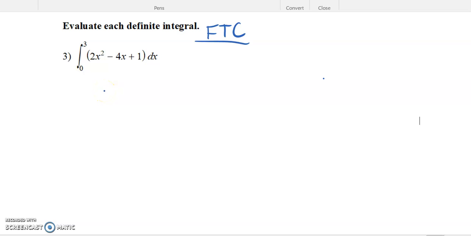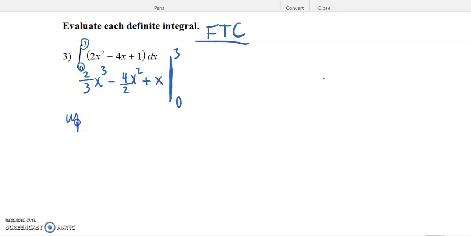So we're going to take the antiderivative of this, and it will be 2/3 x to the 3rd minus 4x squared divided by 2, plus x. Now you can put the plus c, but the c is always going to cancel out, because what we're going to do is evaluate this at 3 and 0, which are the bounds of my function.